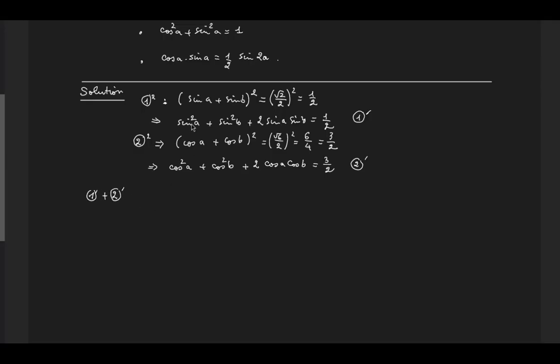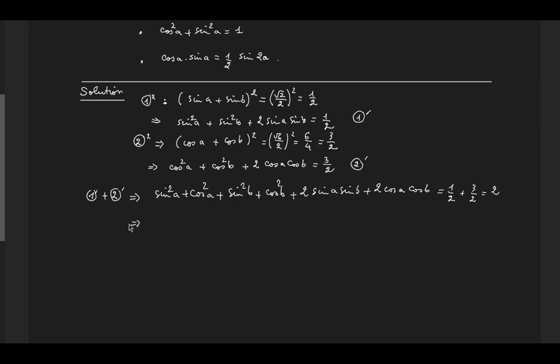We have sine squared a plus cosine squared a, plus sine squared b plus cosine squared b, plus 2 sine a sine b plus 2 cosine a cosine b, all equal to 1/2 plus 3/2, which is exactly 2.